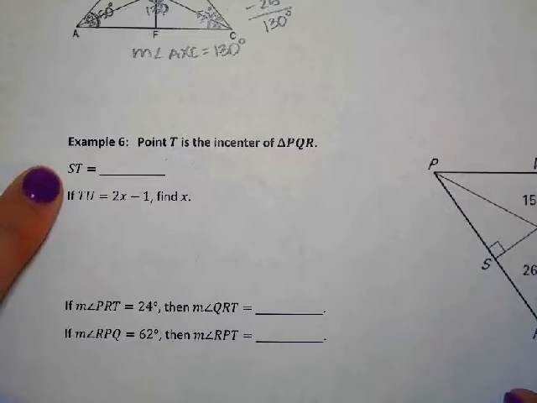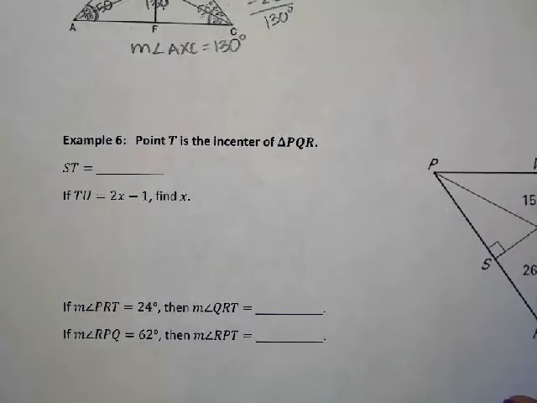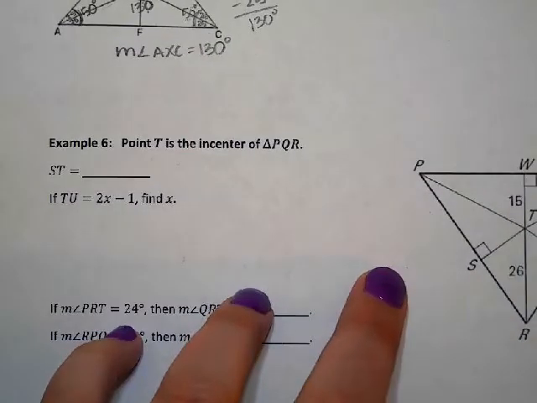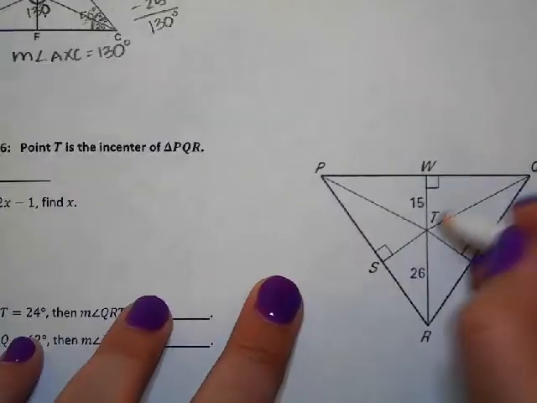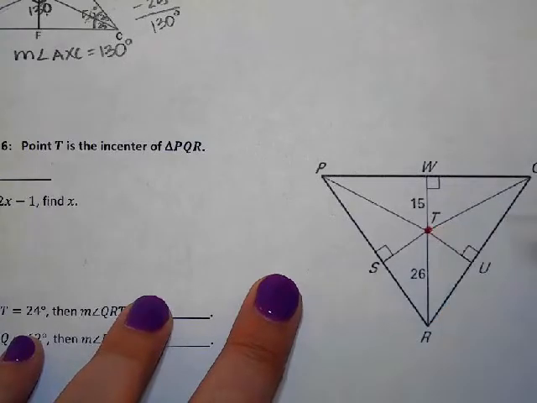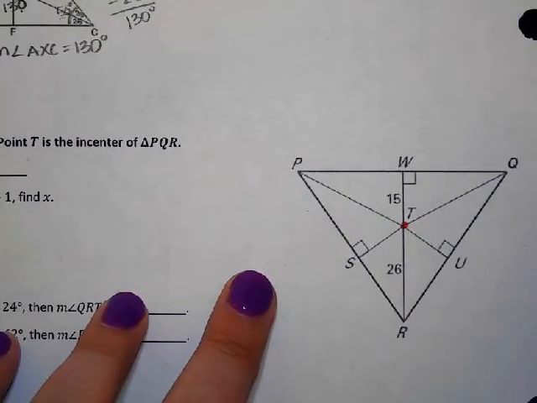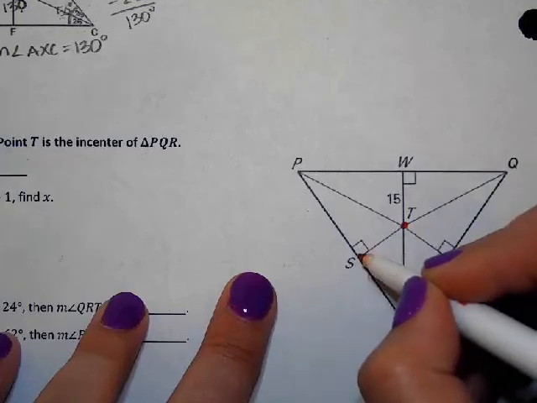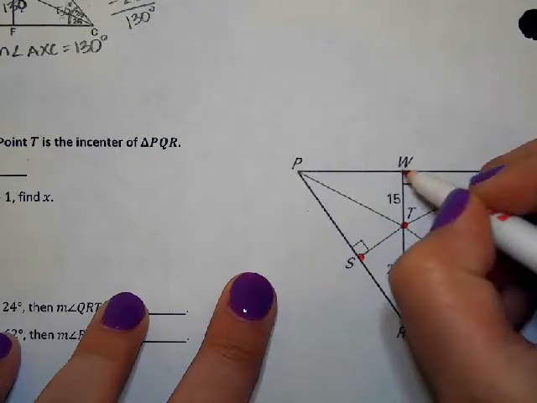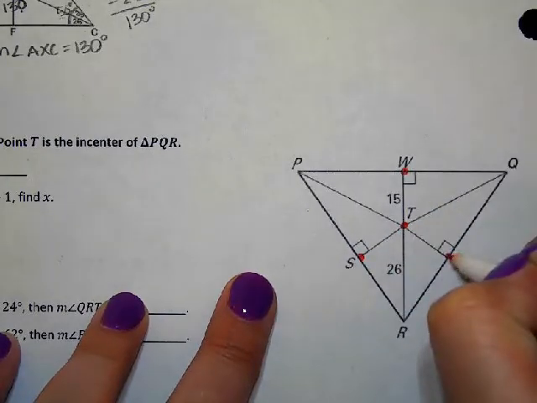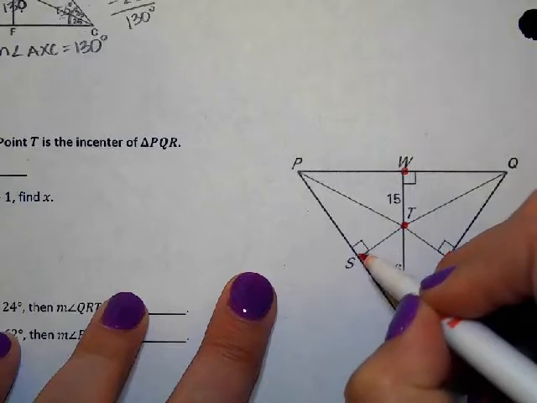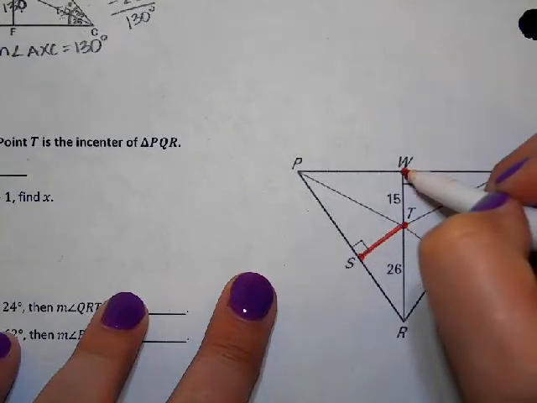And then for this one, do we go from the center to the vertex, or do we do something else? Go from the center to the sides. That's our circle. Center to the side, center to the side. And when they draw those 90-degree angles, what they're showing you is they're saying, hey, we went straight from the center to the side, we went directly there. So you can tell that they did the shortest distance.